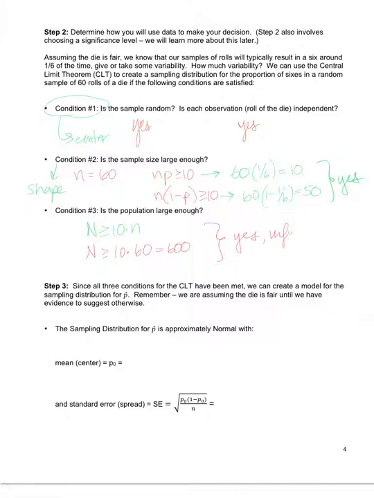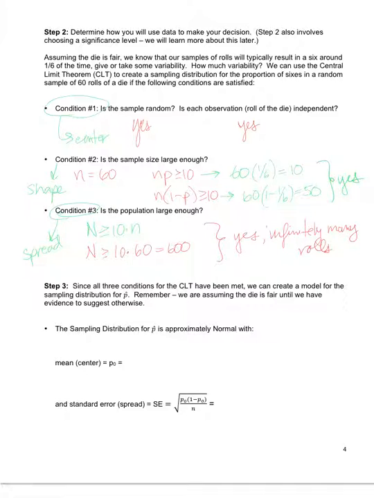In fact, we might even say that there's an infinite number of rolls, or infinitely many rolls of the die that are possible. And condition 3, remember, had to do with the spread. And we can't predict the spread of these distributions if that condition hasn't been met. All right, since our conditions have been met, we can go on to step 3.